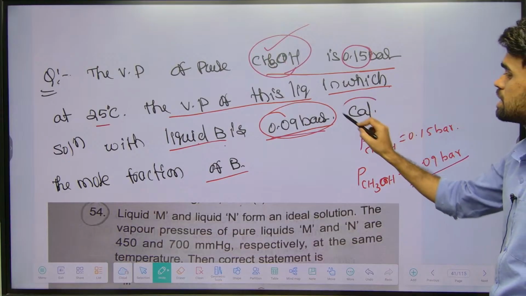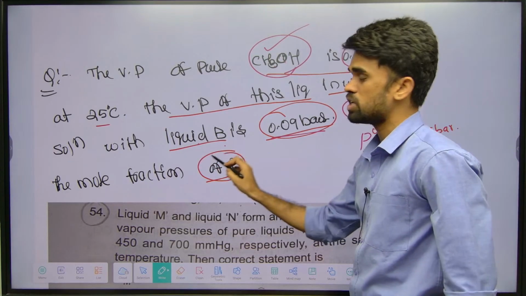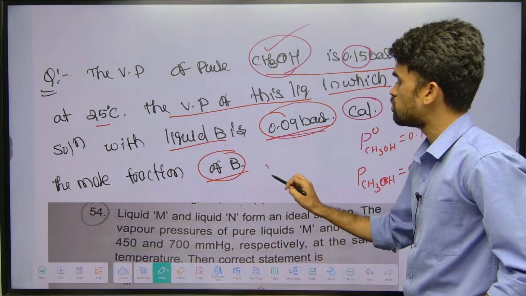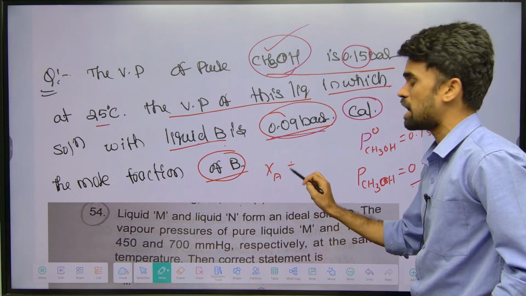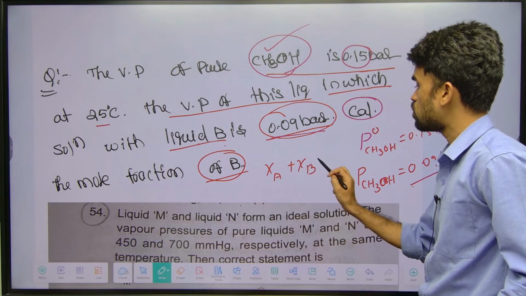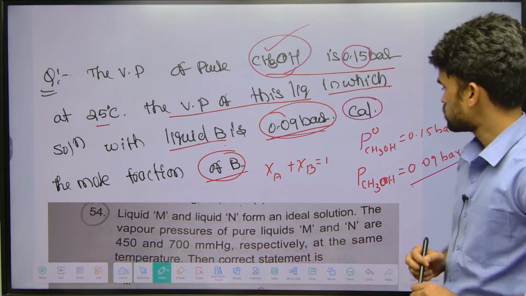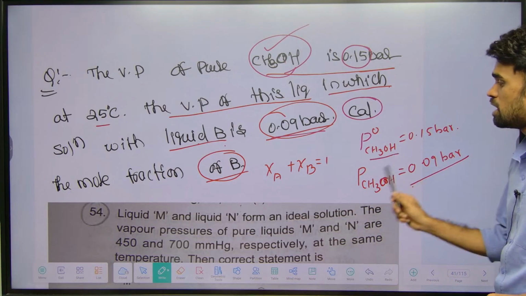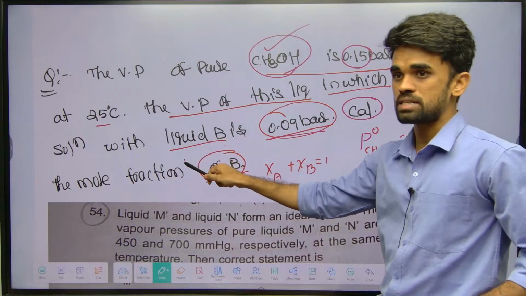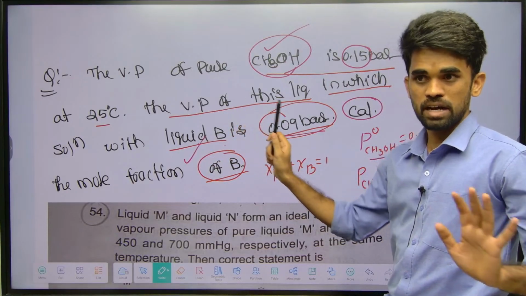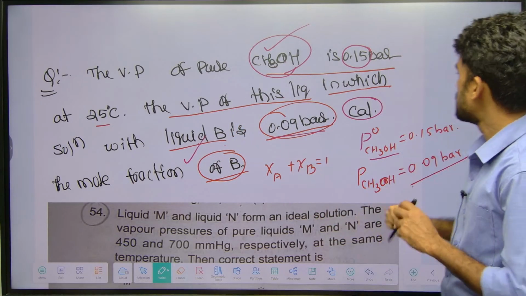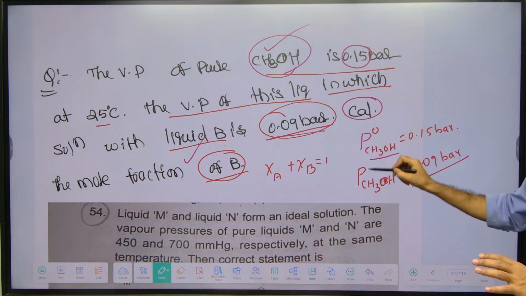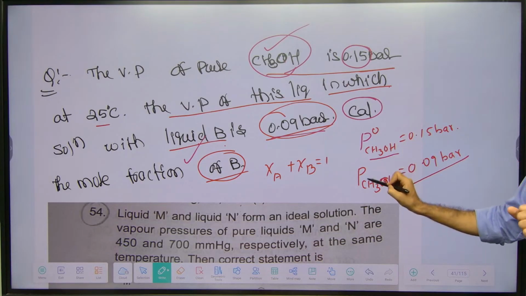Now what are they asking? Calculate the mole fraction of B. See, even if I know mole fraction of A, I can calculate mole fraction of B because their overall sum is equal to 1. So if I know mole fraction of methanol, I can calculate mole fraction of this liquid B. Yes or no? Okay. So now tell me, what is the relation between P and P naught?